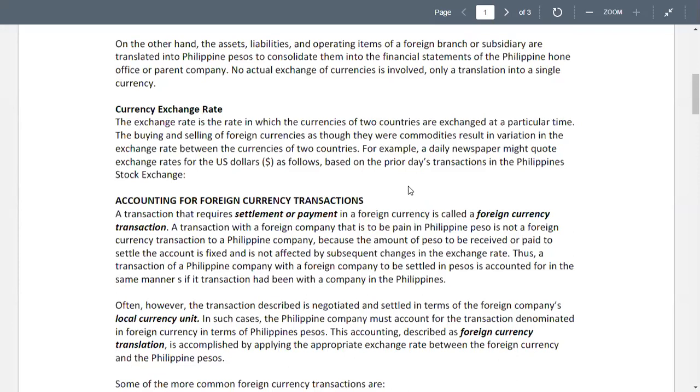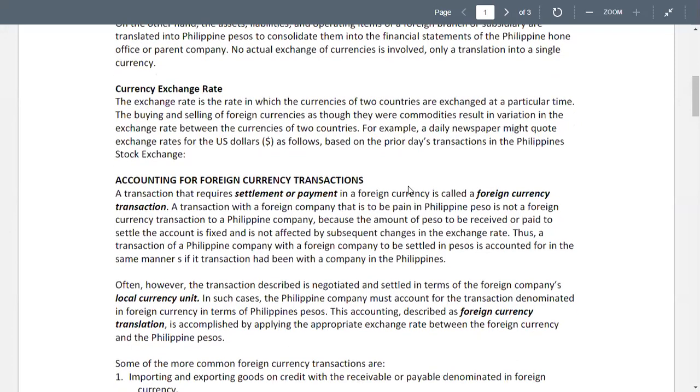This accounting, described as foreign currency transaction accounting, is accomplished by applying the appropriate exchange rate between the foreign currency and the Philippine peso.